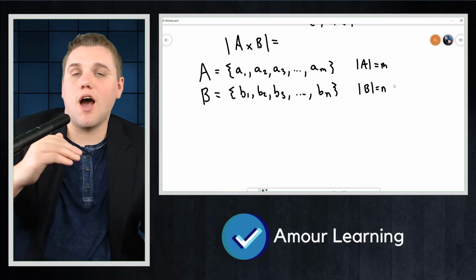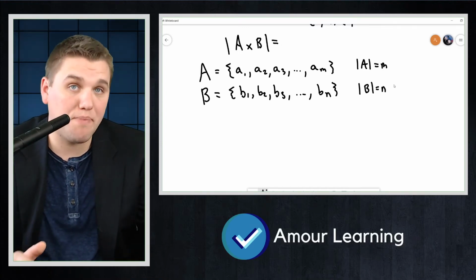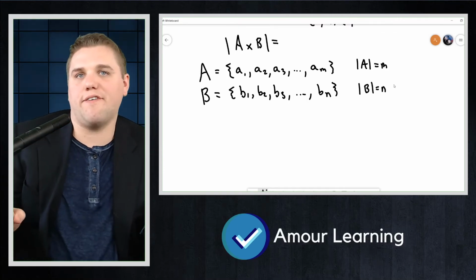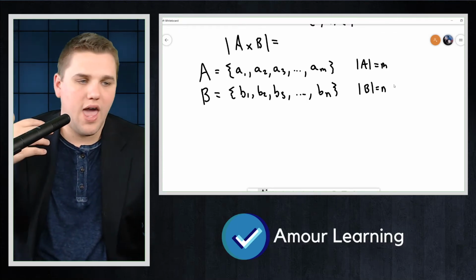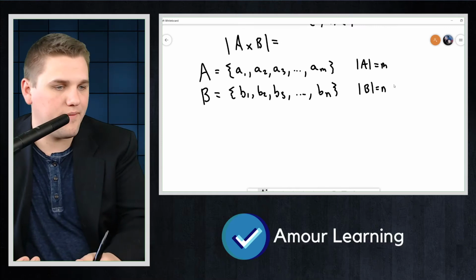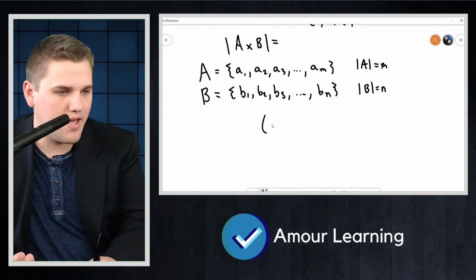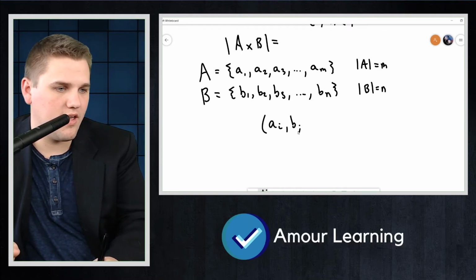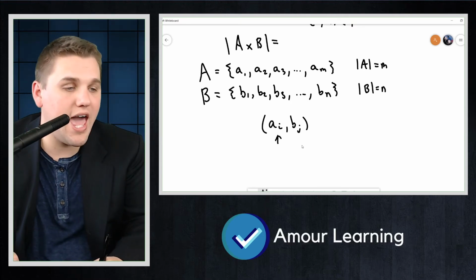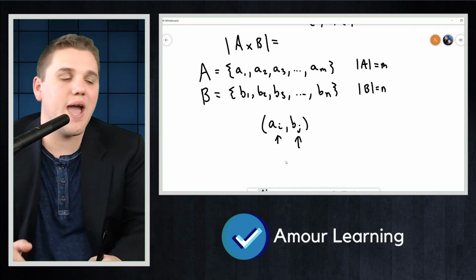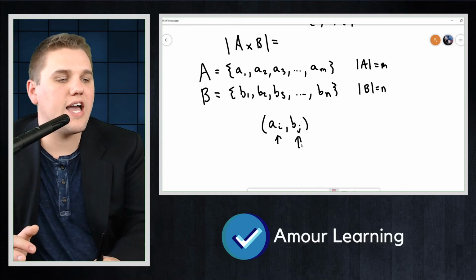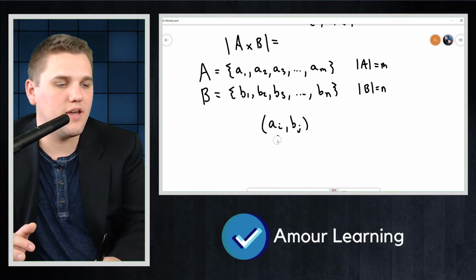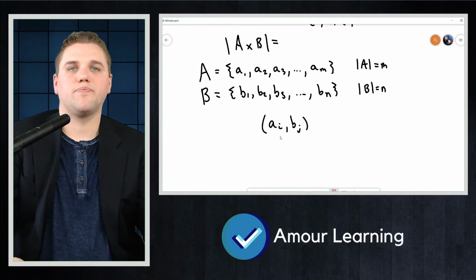The set A cross B contains all pairs with the first half of the pair being some Ai in A, and the second being some Bj, where these are elements in A and these are elements in B, and we're trying to find the size of A cross B in this scenario.